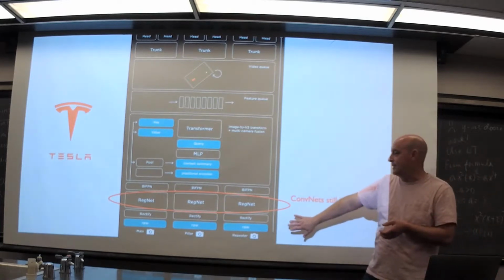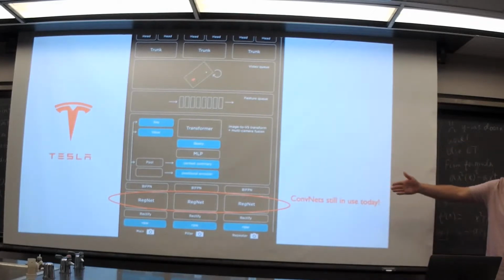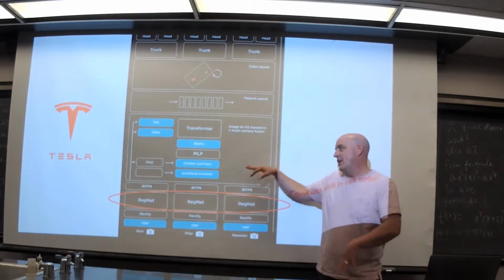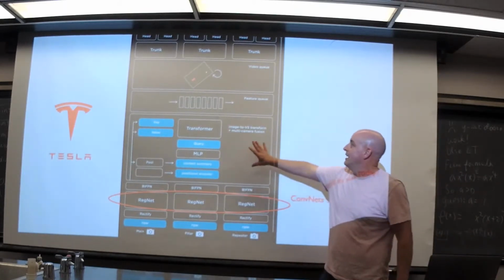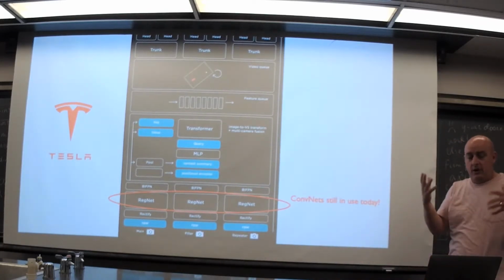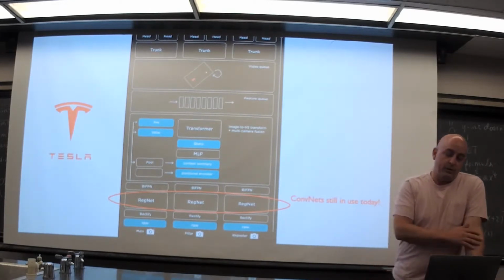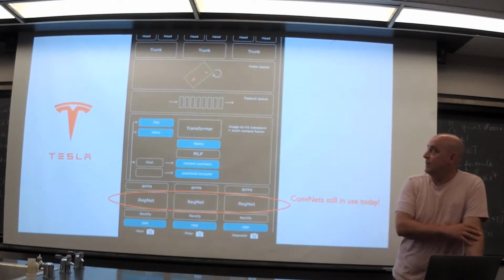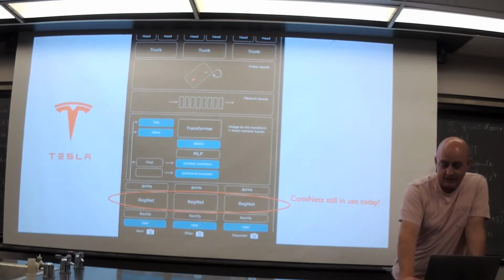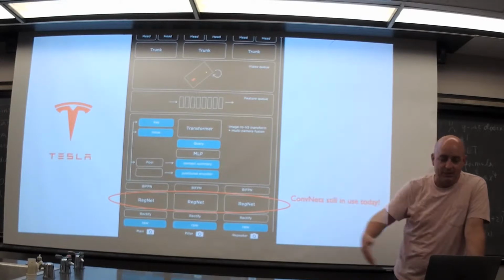They have 6 cameras, and each one of these has at its core a trained convolutional network that has all kinds of cool stuff happen to it, and eventually becomes the predictions, all the signals it uses to drive, not only to decide how fast to go or which directions to turn, but also being aware of dangers around and things like that. It's amazing how well it works, and at the heart of it, it's the technology that we're going to be learning about over the next couple of weeks.